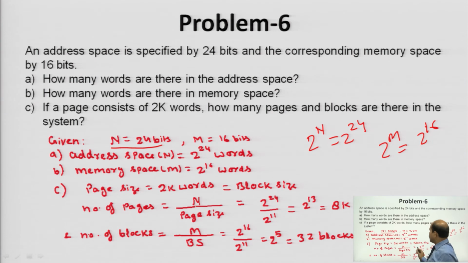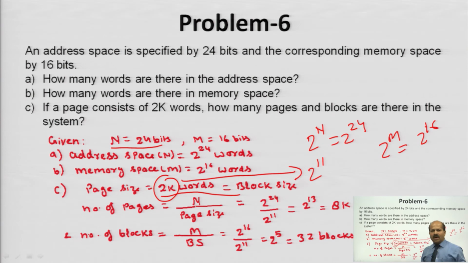The virtual memory is converted into a number of pages and main memory is converted into a number of blocks. Page size is given as 2K, which equals the block size. So, 2K will be equal to 2 to the power 11. So, 11 bits are required for page and also for block.